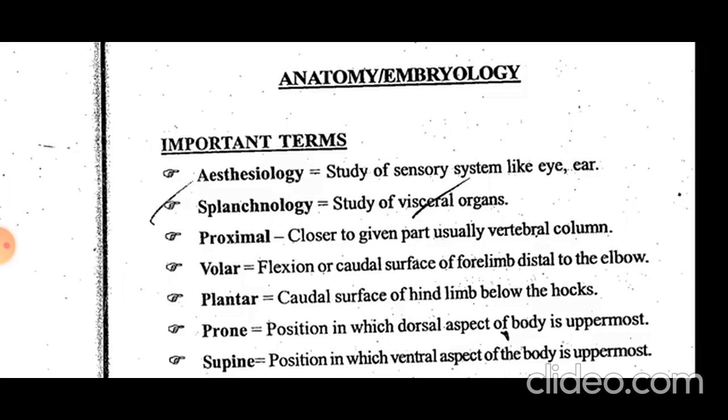So in technical terms, volar is the flexion or caudal surface, not the cranial surface, of the forelimb distal to the elbow. Distal to the elbow are the metacarpals and the phalanges, and their caudal surface is the volar.